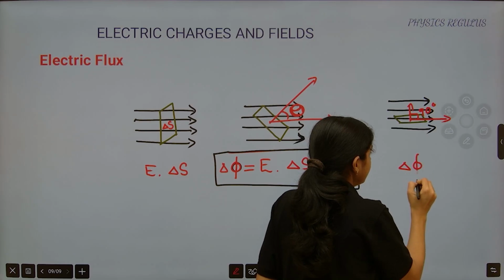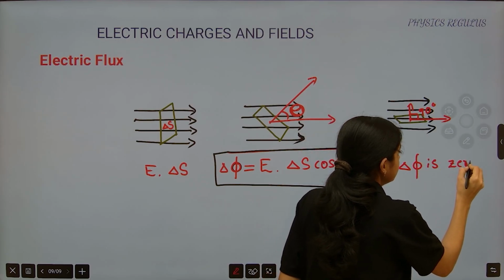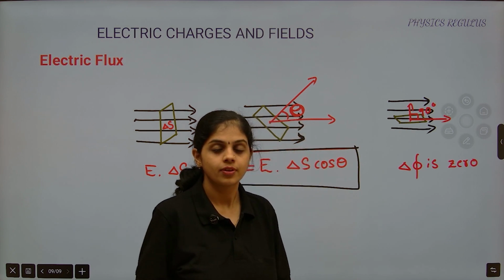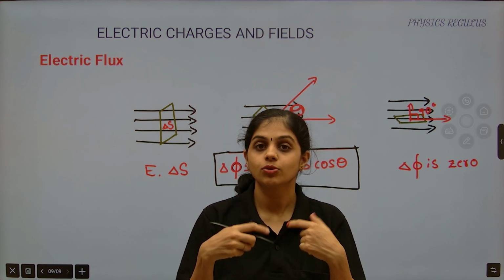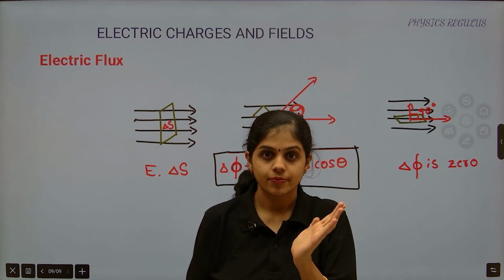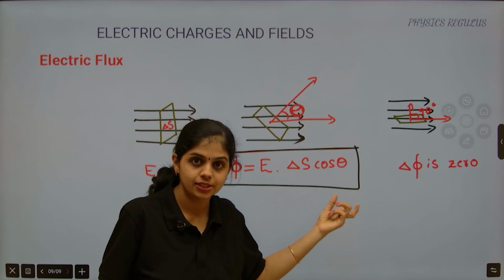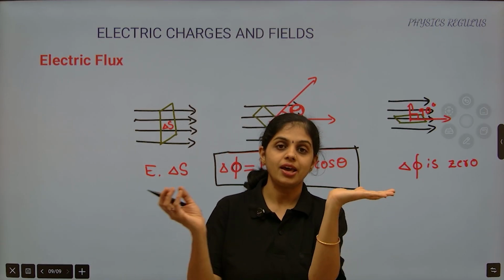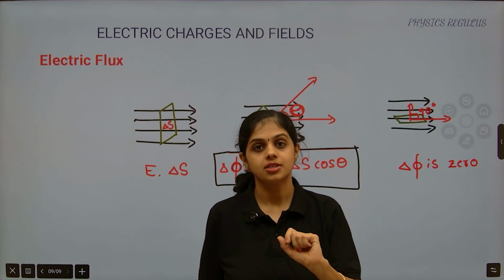Delta phi, that is electric flux through the given surface, becomes 0. Hence, when the surface is perpendicular to the field, electric flux will be maximum. When orientation is changed, electric flux becomes E into delta S into cos theta. When the surface is parallel to the electric field, electric flux through the given surface is 0.